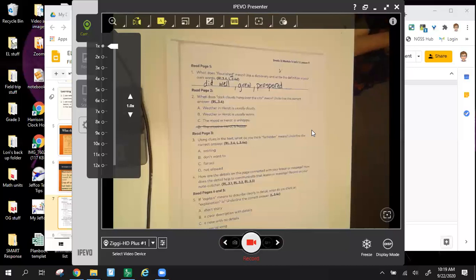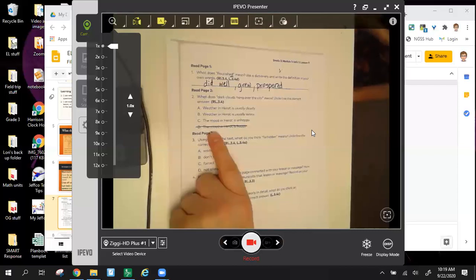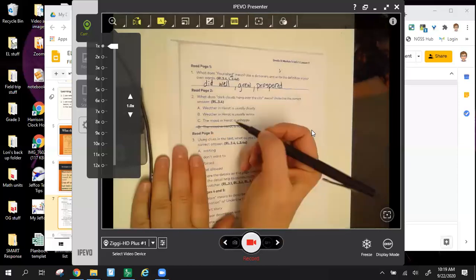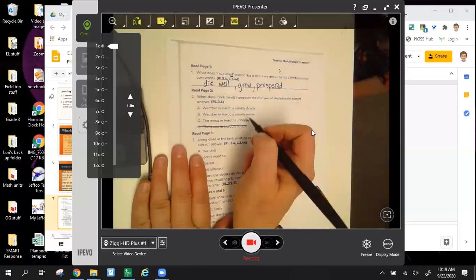But what can they change and make happen? Fen? Feelings. They can change everybody's feelings a lot. So if that is true, which answer do you think is most accurate? Sawyer? C. The mood in Herat is unhappy.